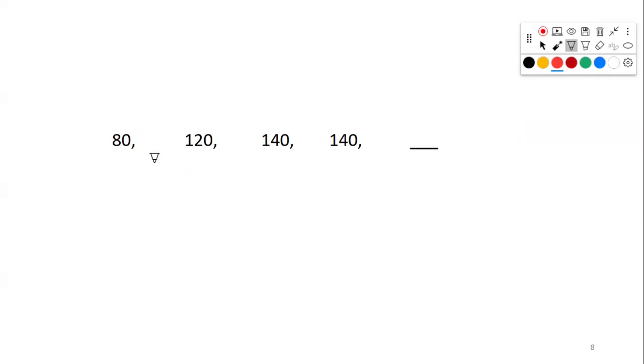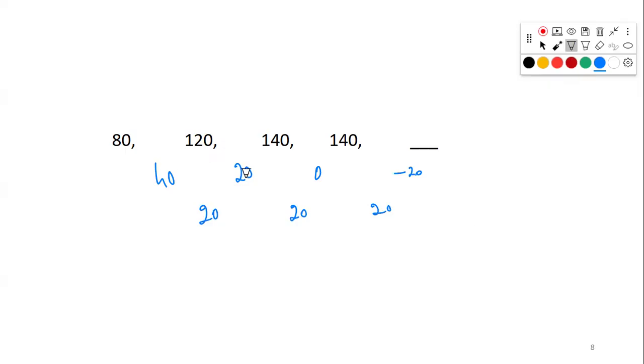So if I have to write the differences here, it is 40, it is 20, it is 0. If I again write the difference, 40, 20, the difference is 20, and this is 20. So if I have to get the difference, this should be minus 20. Then only I'll get a 20 difference.